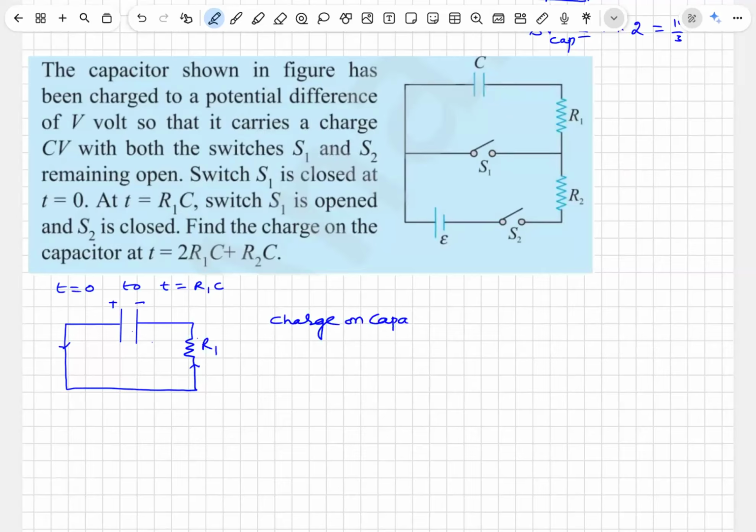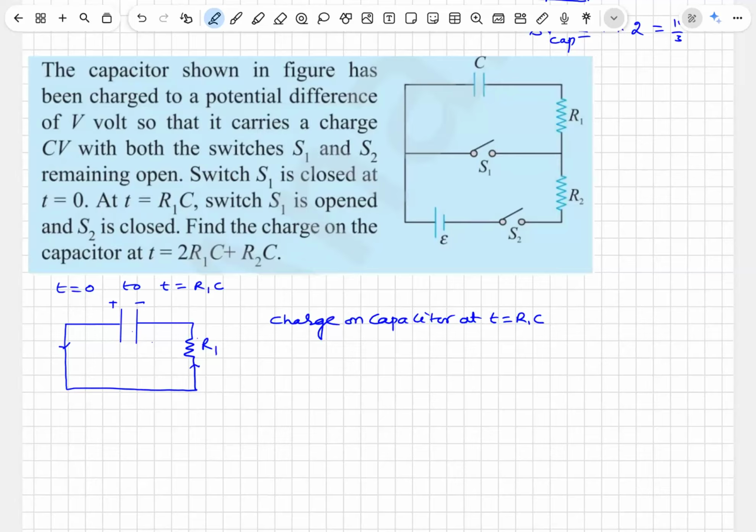Charge on capacitor at t is equal to R1C is CV by E, correct.